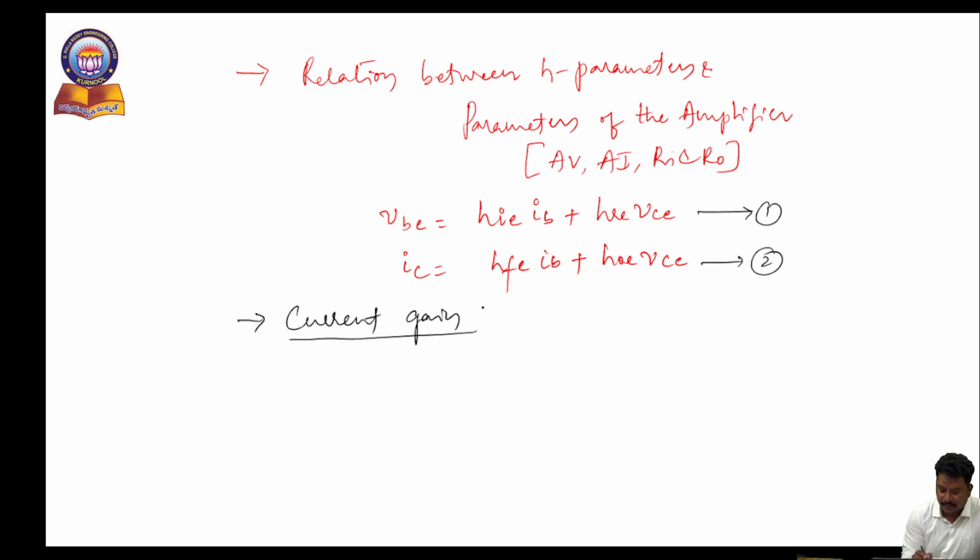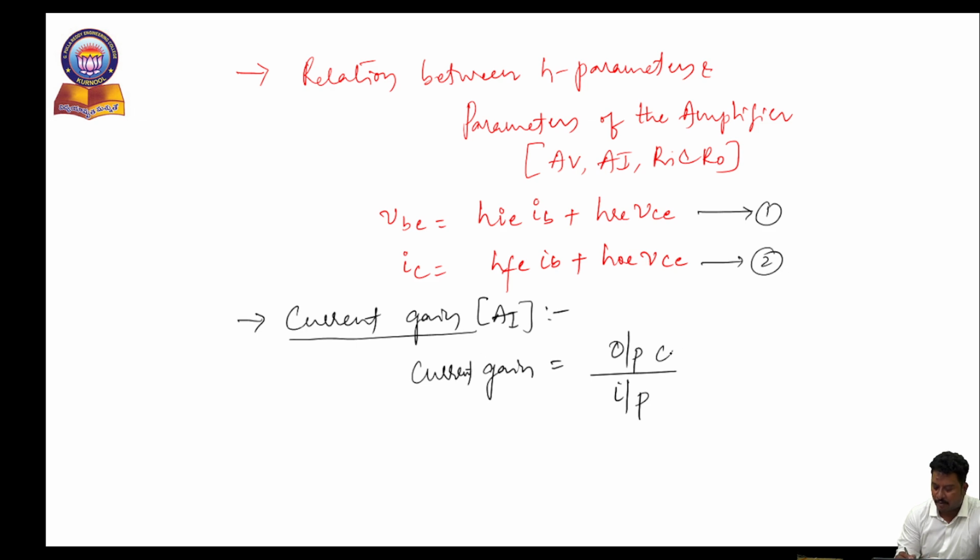Current gain is defined as AI. As we know, the general definition of any gain is output by input. So for current gain, it is the ratio of output current by input current.